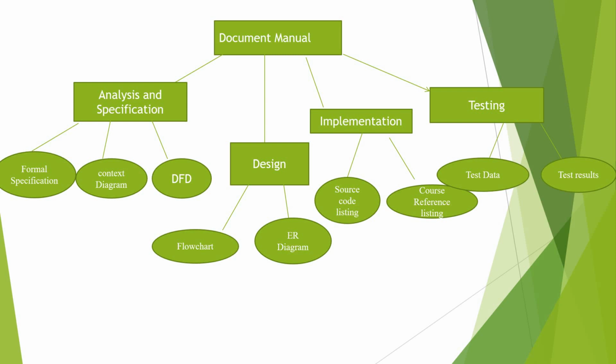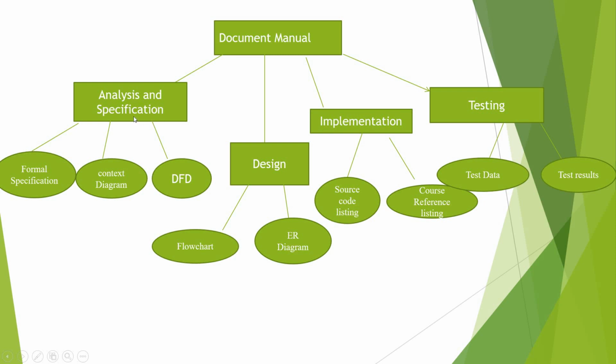So, the second thing is document manual, or you can say documentations. Document manual is defined in categories. First one is analysis and specifications, second is design, third one is implementation, and last one is testing.